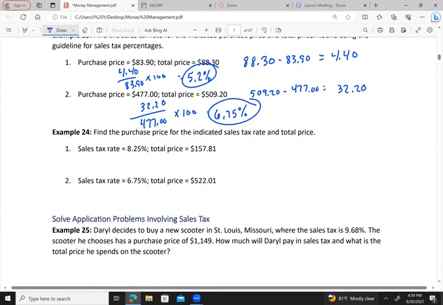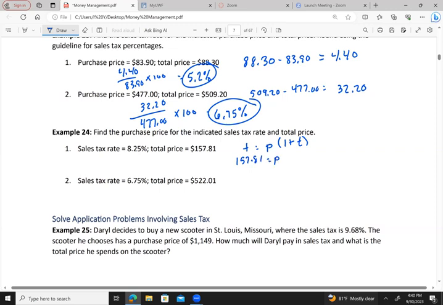Okay, so now we're going to find the purchase price for the indicated sales tax rate and total price. Remember, the total price is equal to the purchase price times 1 plus tax rate. So my total price is 157.81.